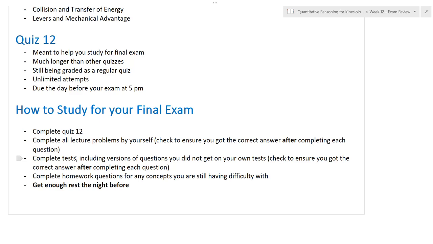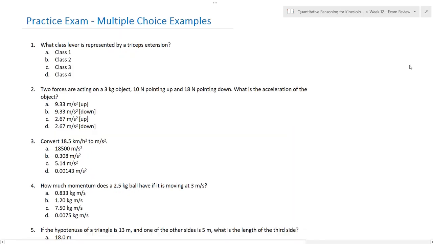After that, if you still need more practice, then start going through the homework again. If there are any concepts you're still having difficulty with, then go through the homework in that section so that you can practice some more. And finally, make sure you're getting enough rest the night before your exam because you'll perform a lot better. Your mind will be sharper if you get that rest that you need the night before.